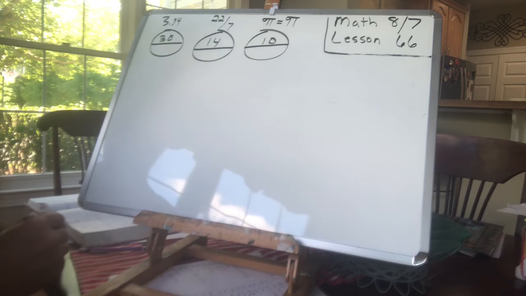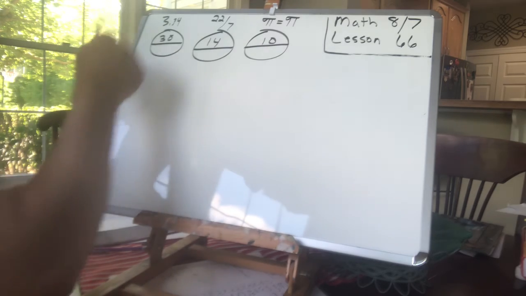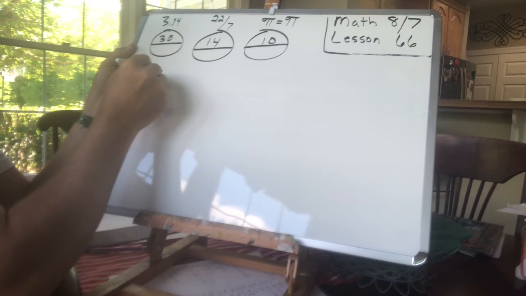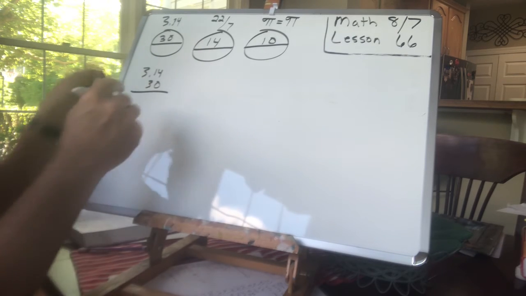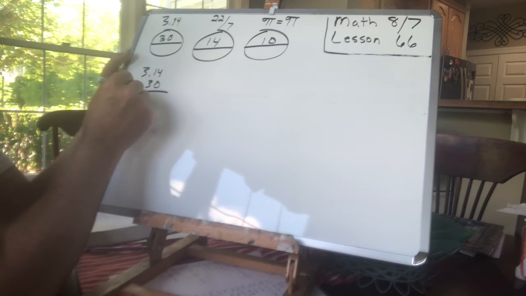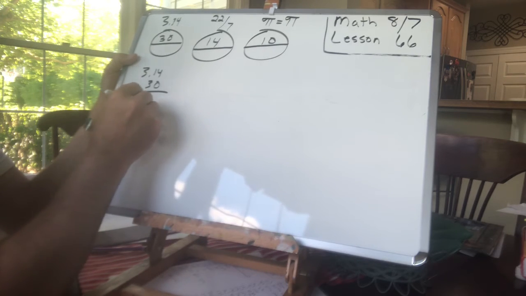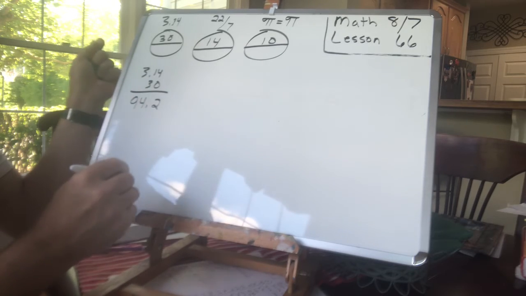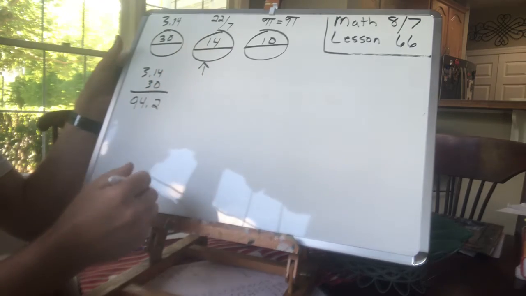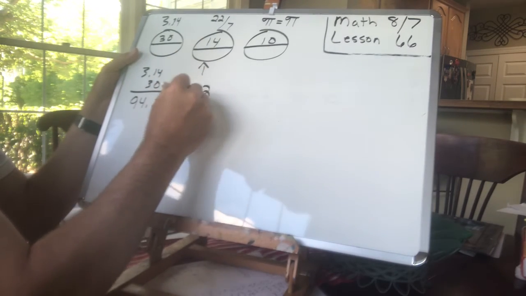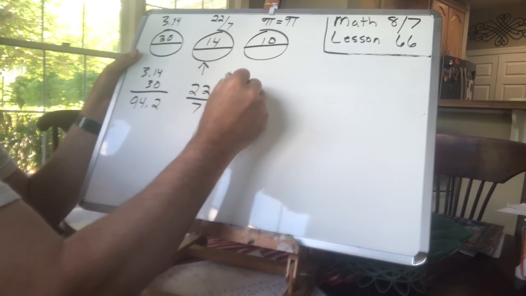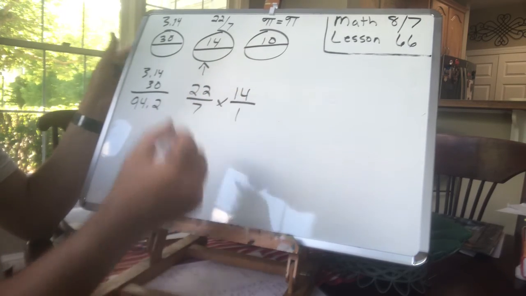Okay? So the first one, if I'm using 3.14, all I have to do is 3.14 times 30. 3.14 times 30 equals 94.2. If I'm using 22 over 7 for this circle right here, okay, that means I'm going to go 22 over 7 times 14, which is also saying 14 over 1.